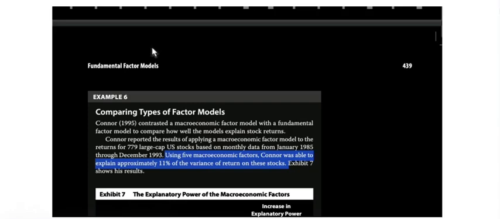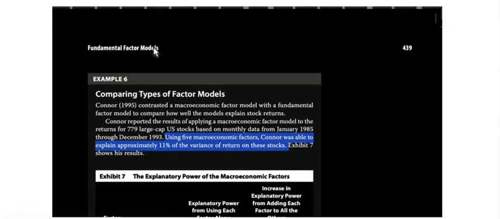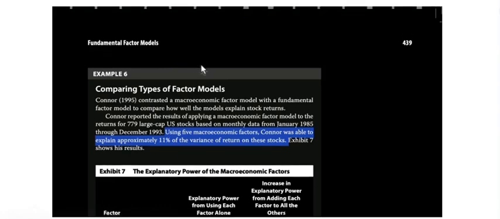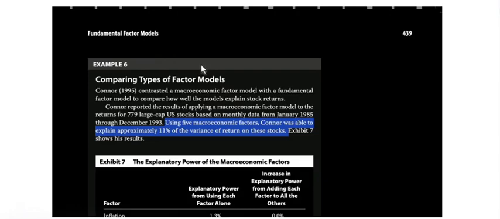Okay, example 6 is just a discussion of a research paper that was done comparing macroeconomic and fundamental models in explaining returns. And there are some interesting conclusions here that I've highlighted that I think we should pay attention to. Connor contrasted a macroeconomic factor model with a fundamental factor model to compare how well the models explain stock returns.